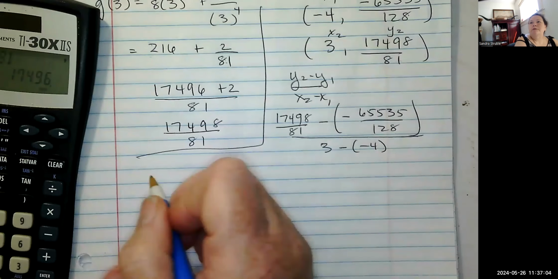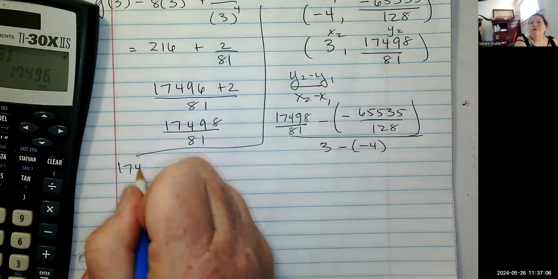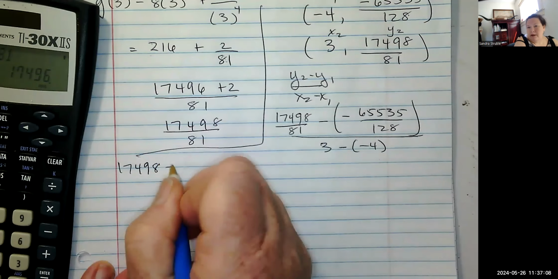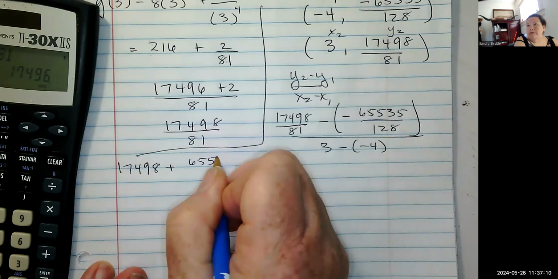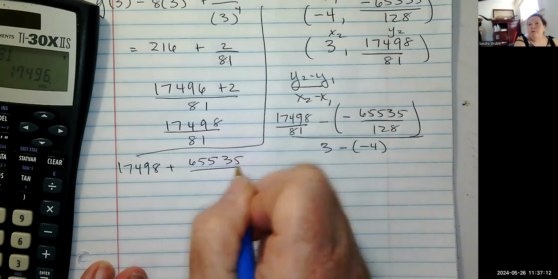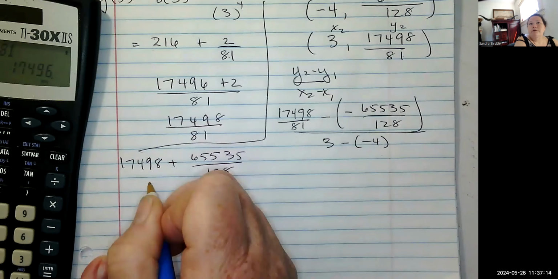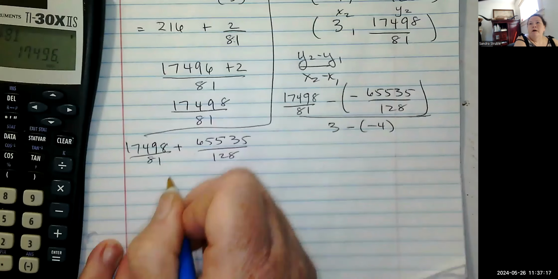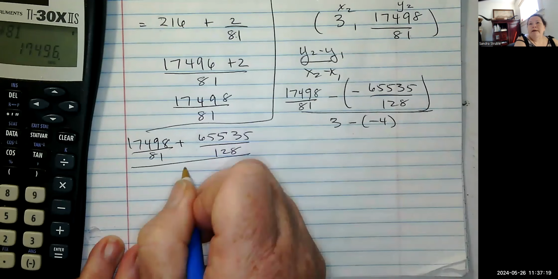So this is 17498 over 81 plus 65535 over 128, over 3 plus 4, which is 7.